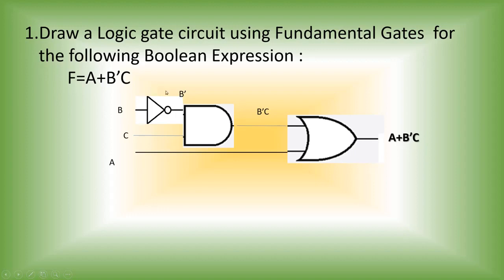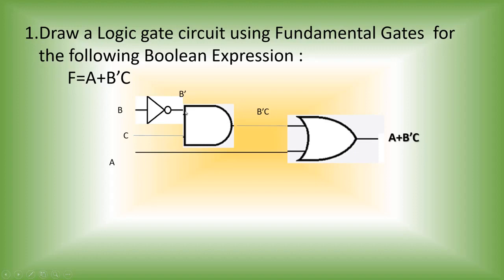So this is the B complement operation. Next you have to generate B complement C. That is the AND operation. AND operation is done by using an AND gate. So this is the AND gate. We studied that an AND gate will take two or more inputs and produce one output.